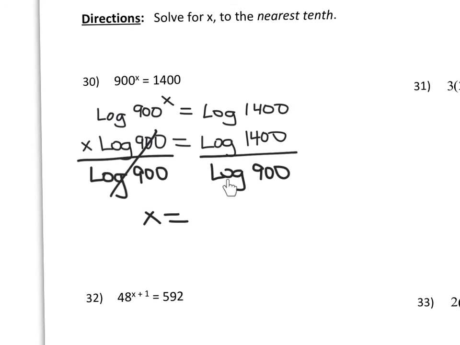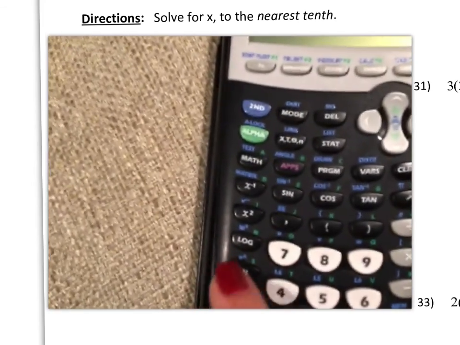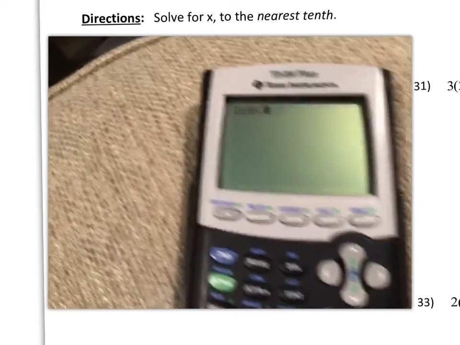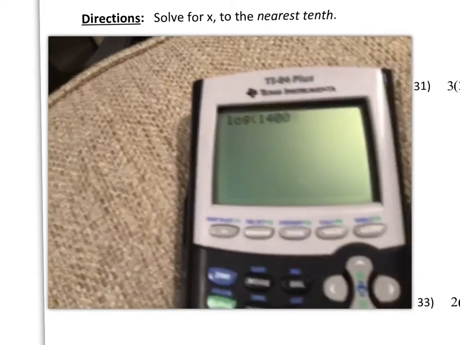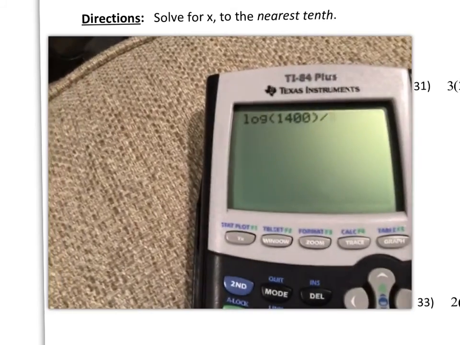And then this right here, you're going to plug in your calculator using the log button. You're going to hit log of 1400, and make sure you close those parentheses. And we want to take that and hit divided by, and then log.